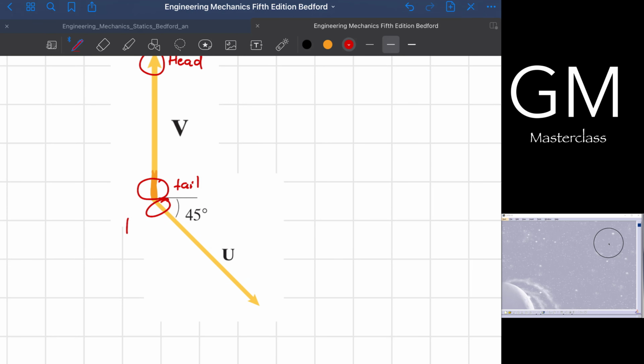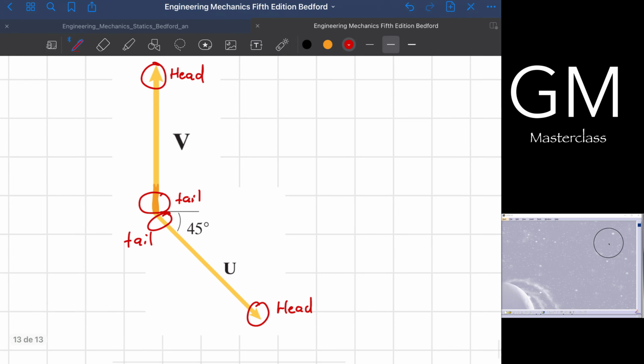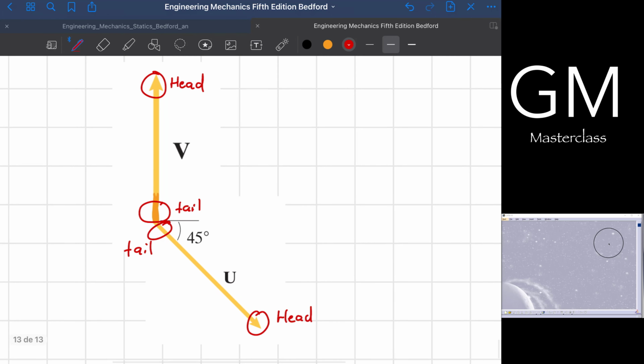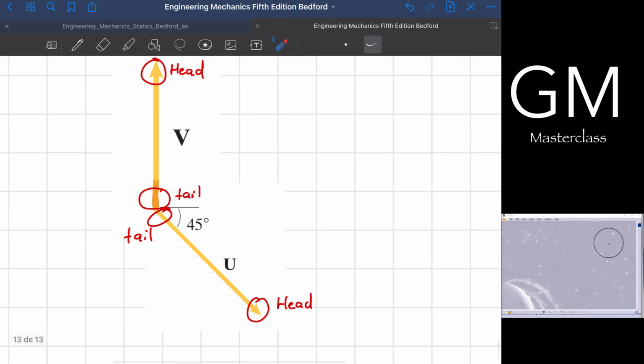So here I have two tails and two heads. The head of the first vector has to be connected to the tail of the second vector.